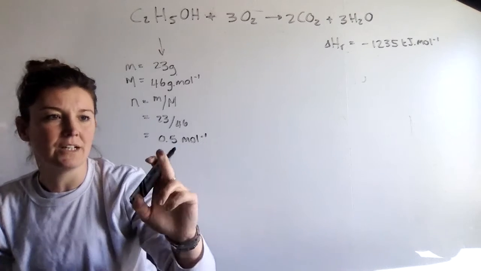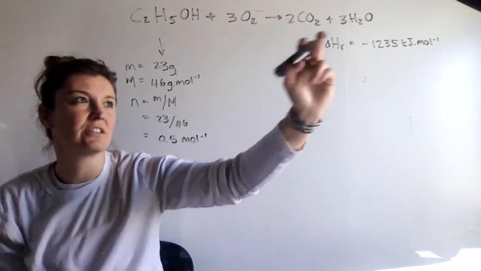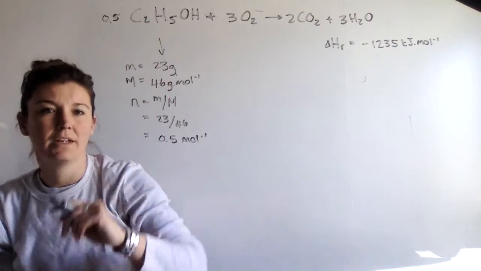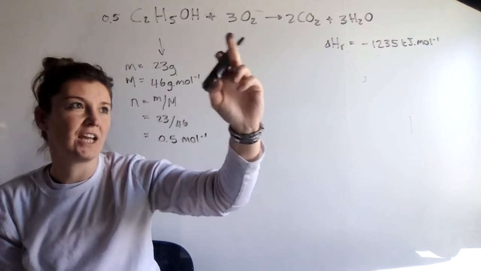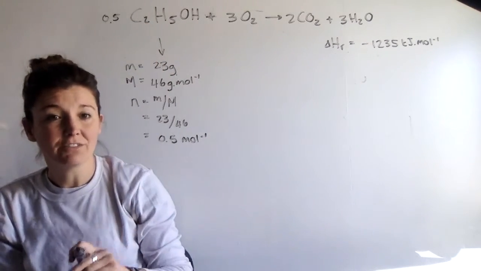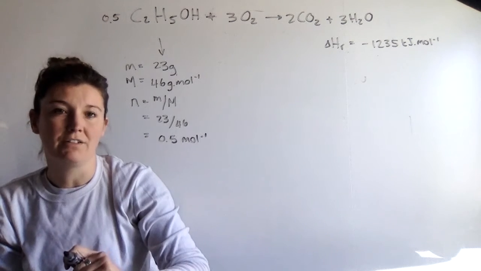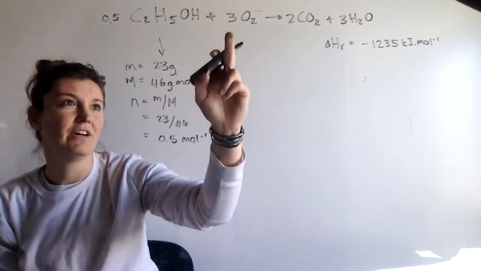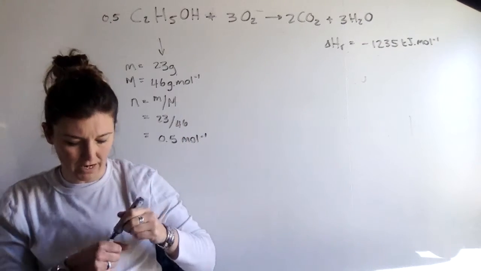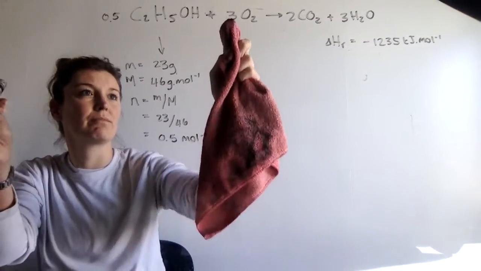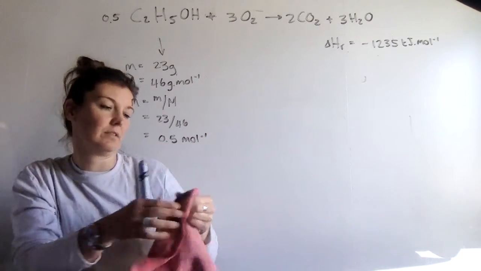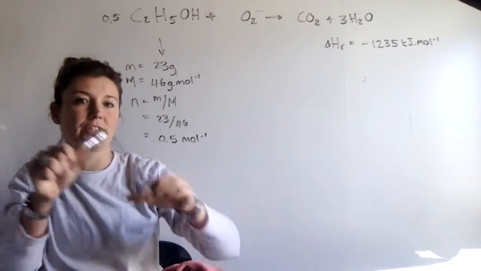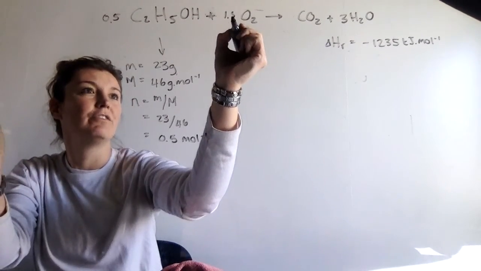Now we need to readjust this. If we have half a mole of this, it means that we'll need to change everything and divide everything in half. Because we originally had 1, now we're changing it to half. This one is also going to be a half. So that's going to be 1.5.